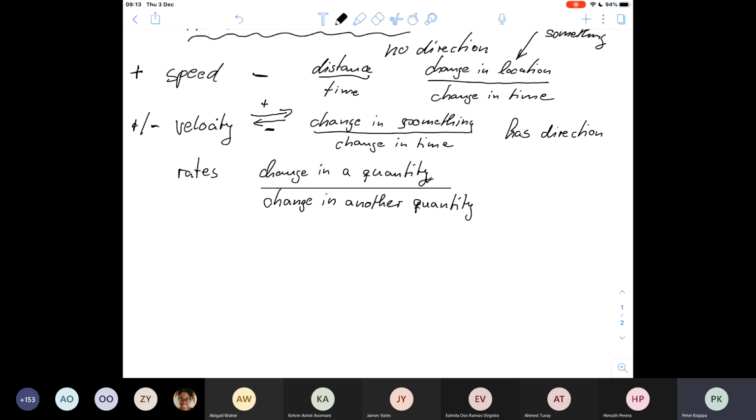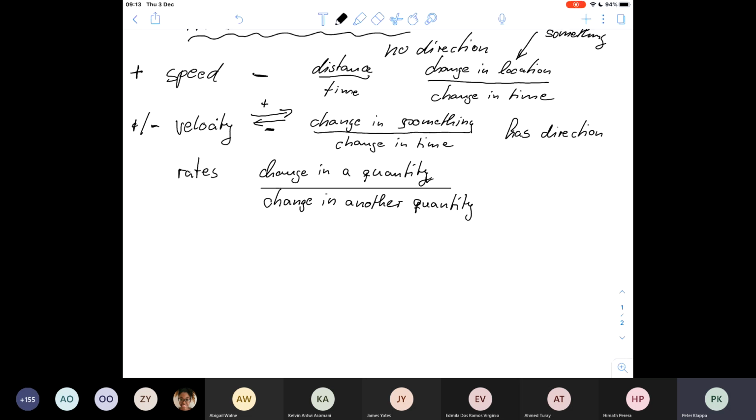For example, if I say donuts eaten by different people, that would be a rate. It doesn't necessarily have to have the word time in it.